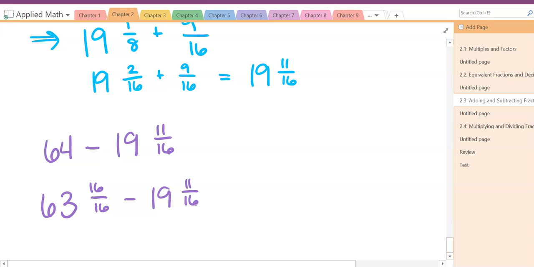So what's 63 minus 19? 44. And then what would be the fraction? Our label would be inches. That's how much it's going to be left.